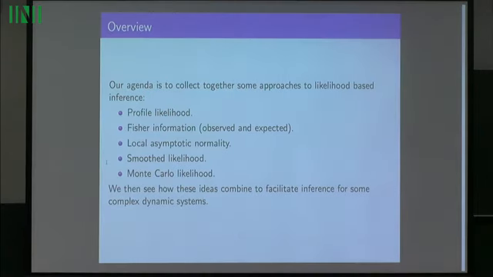Okay, so to attack these kinds of things, what I'm going to tell you about today has a very classical flavor, because even though you're dealing with these complex models, some of the things we had to do to make progress took us back to profile likelihood, issues of Fisher information, local asymptotic normality, smooth likelihood, Monte Carlo likelihood.